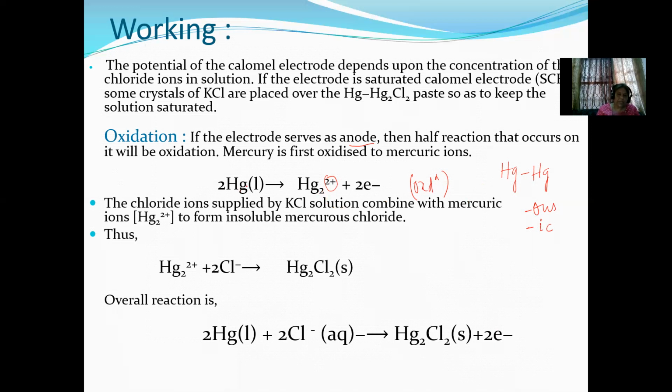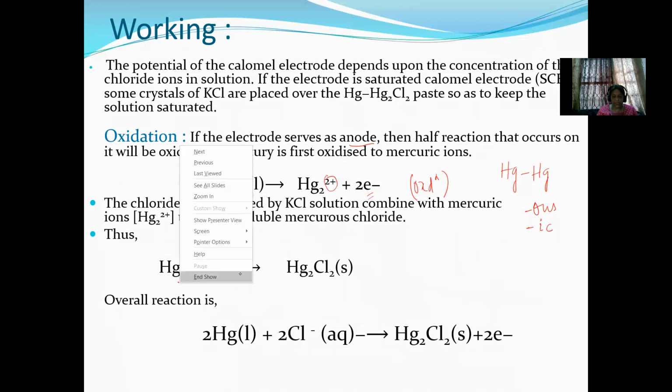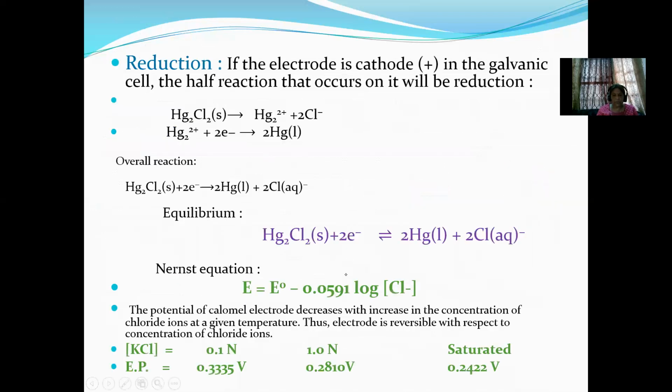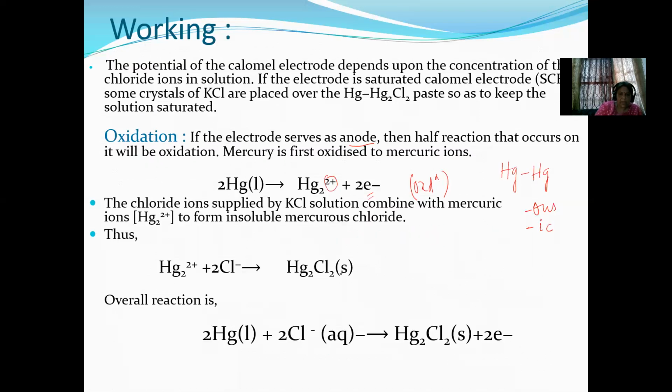So mercury is oxidized to the mercurous ion, electrons are liberated, and this mercurous ion comes in contact with the chloride of this KCl. So here Cl minus from KCl.